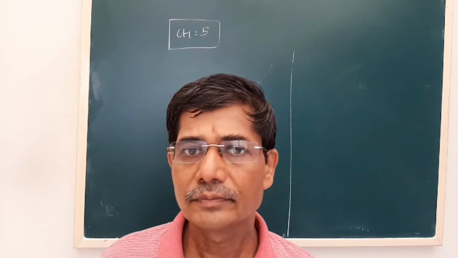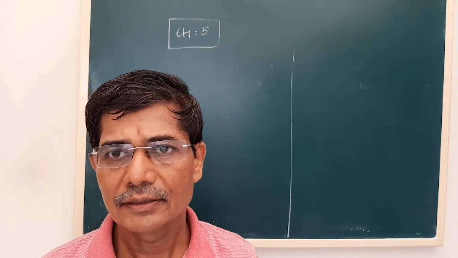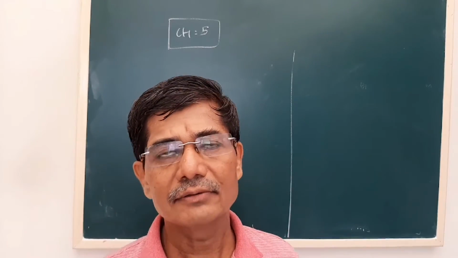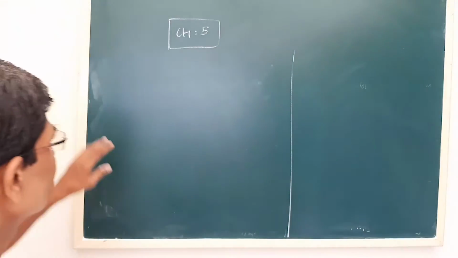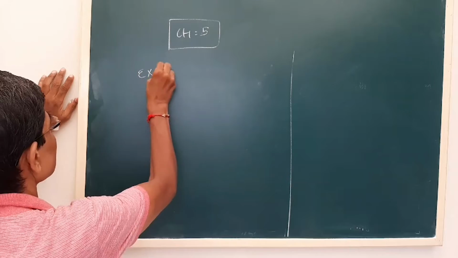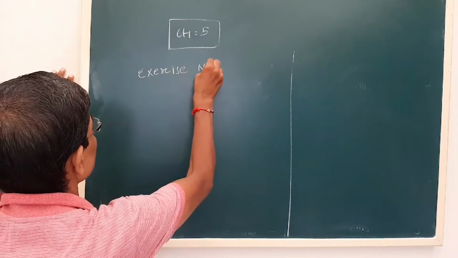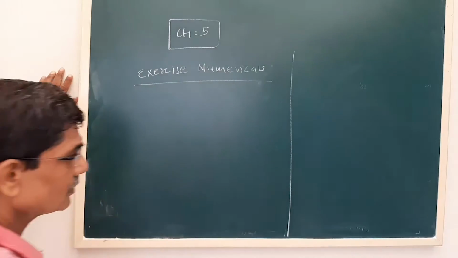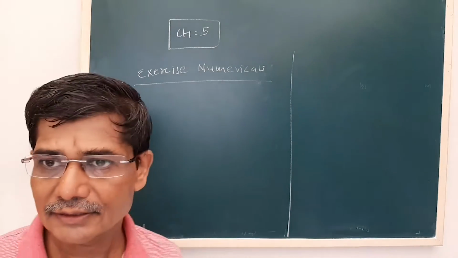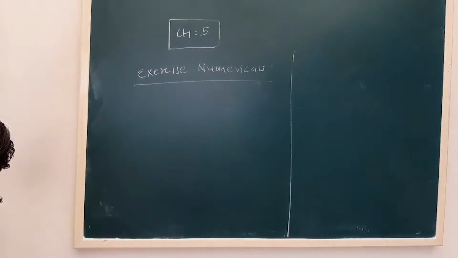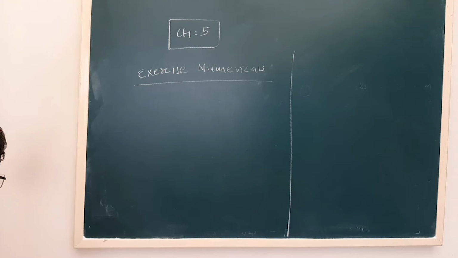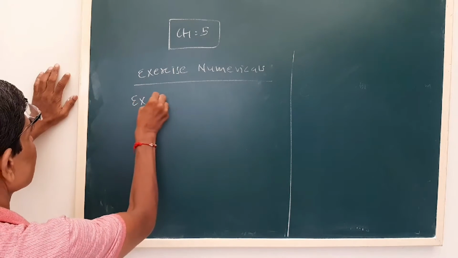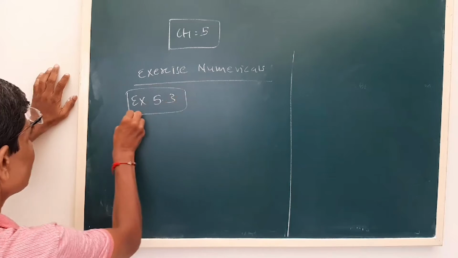Dear students, see, we have completed examples of lesson number 5. Now we start with the exercise numericals. Now see, the theoretical type of questions we will discuss at the end. Now we start with the exercise sum number 5.3.